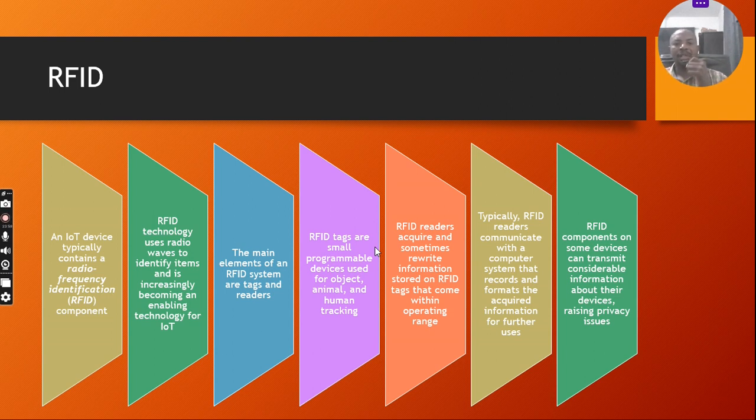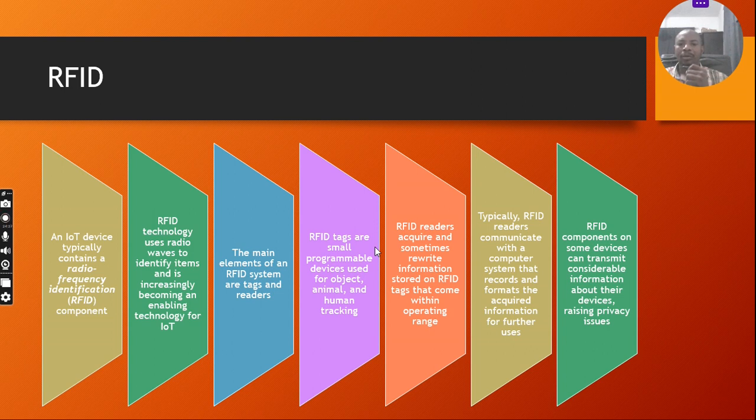The RFID readers acquire and sometimes rewrite information stored on the RFID tag that comes within the operating range. They acquire whatever is in the tag and sometimes rewrite it for later use. Now, typically, RFID readers communicate with a computer system that records and formats the acquired information for further uses, right?